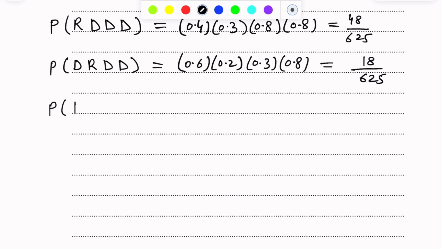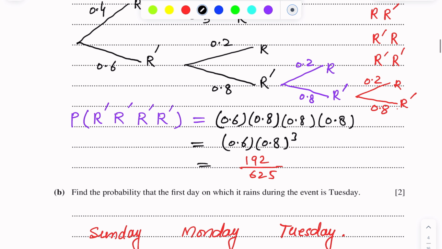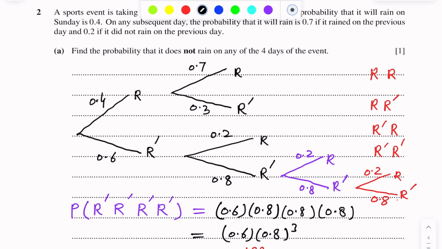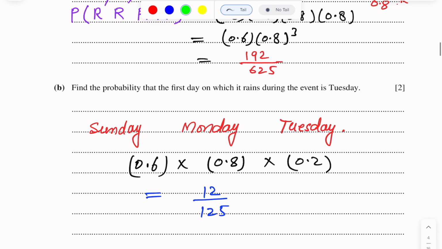Probability of DDRD: dry, dry, rain, dry. 0.6 into 0.8 into 0.2, and next we extend this tree diagram.